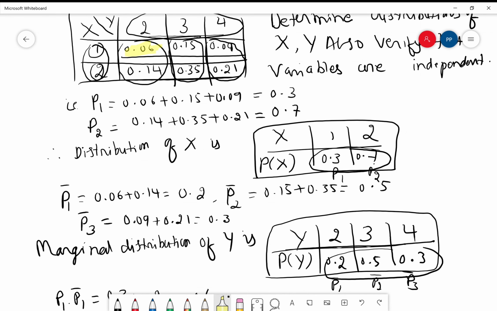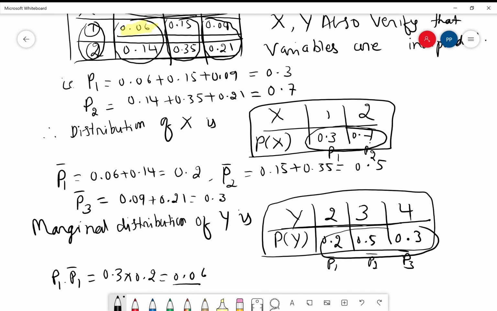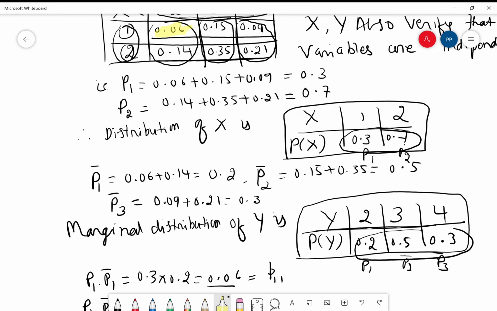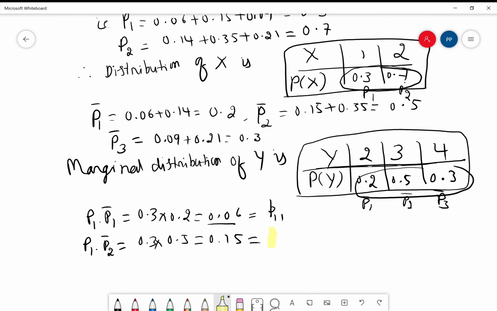That means this equals P11. Next, P1 into P2 bar equals 0.3 into 0.5 equals 0.15, which is equal to the value we find here, 0.15. That is nothing but P12.